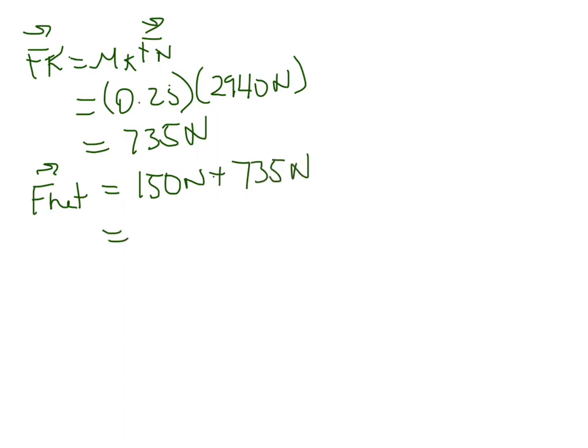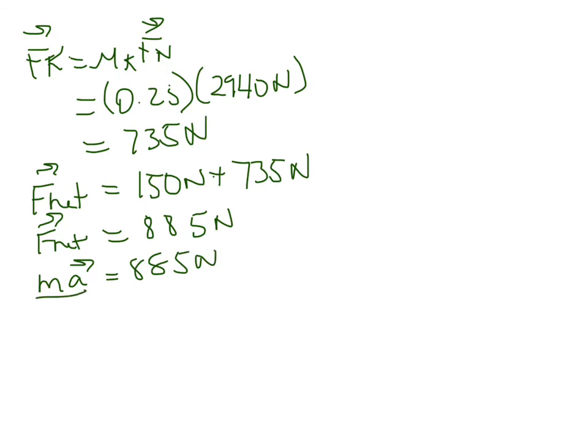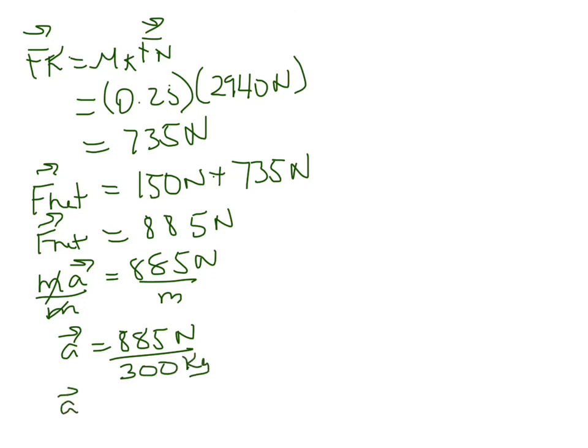So we get 885 newtons, and then we know we can replace F net with MA, and divide both sides by our mass. So if we do that, we get 2.95 meters per second squared.